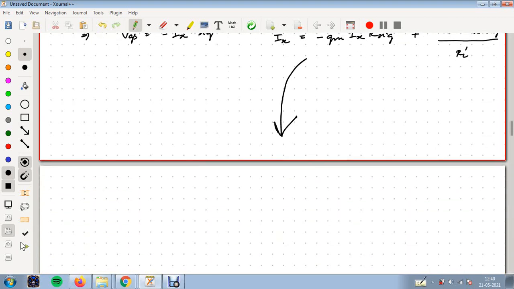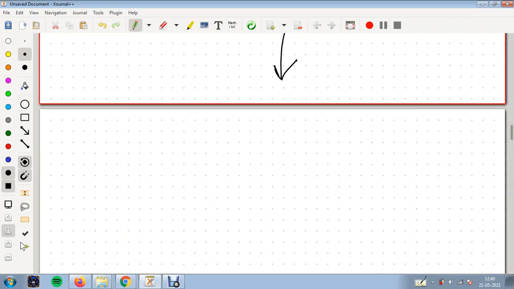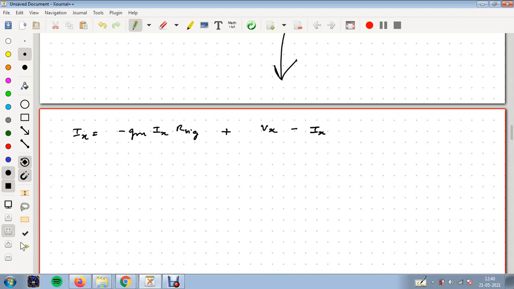So Ix is equal to minus Gm into Ix R signal plus Vx minus Ix R signal divided by RL prime.